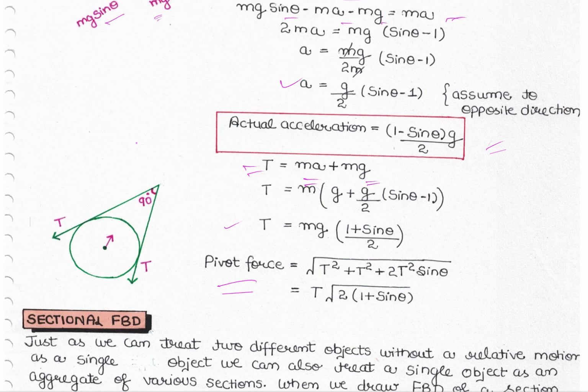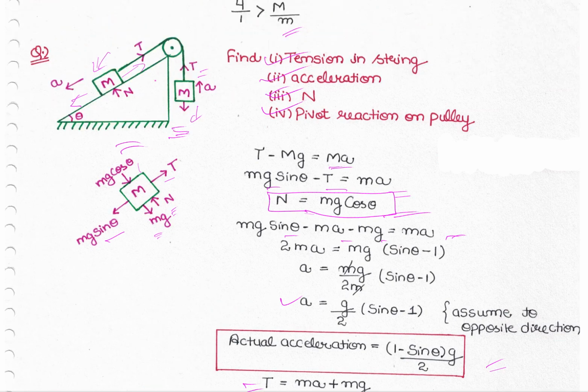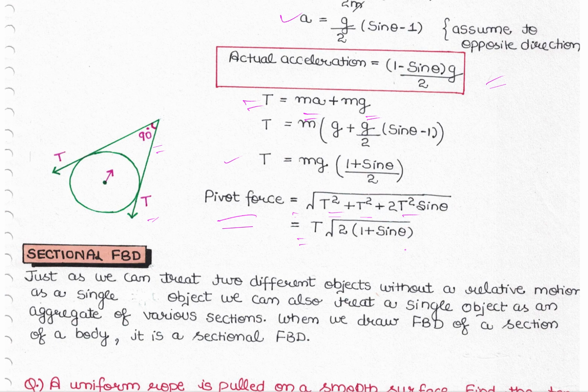If we compare this with this, we can draw the above figure like this. T, and this is the 90-degree angle. So pivot force is equal to square root of T square plus 2T square sin theta. So pivot force is equal to T into square root of 2 into 1 plus sin theta.